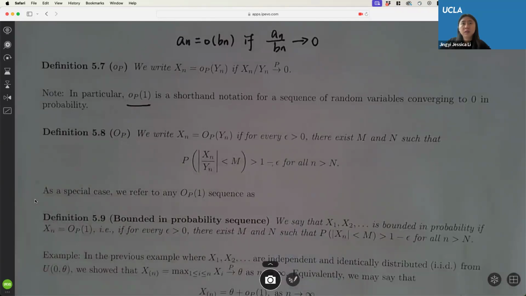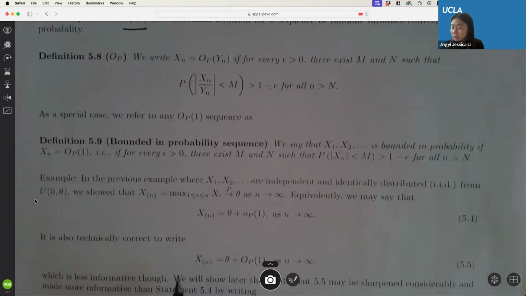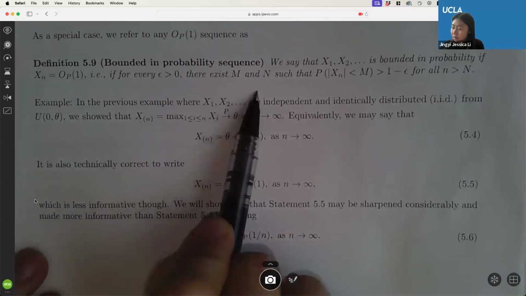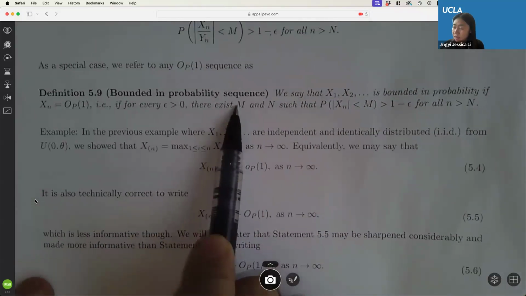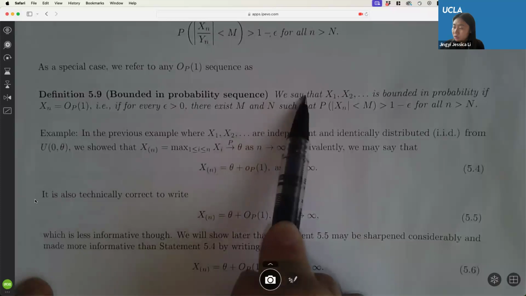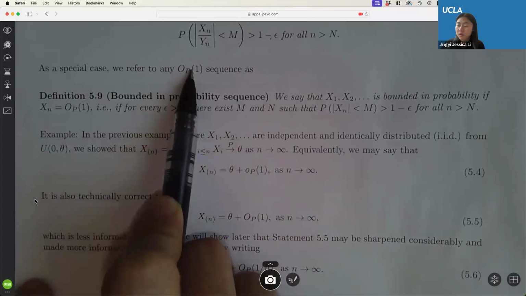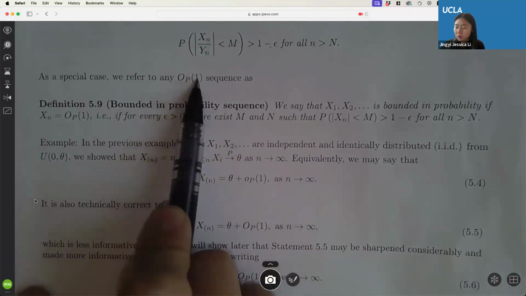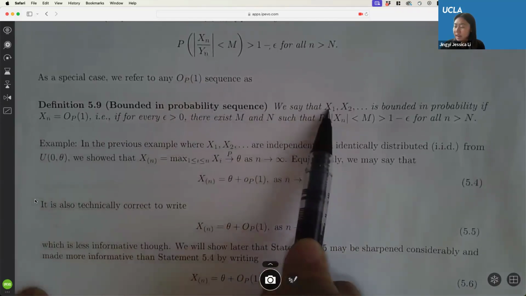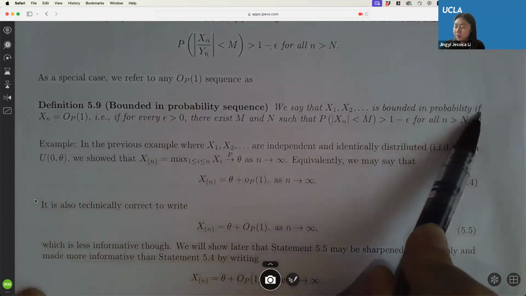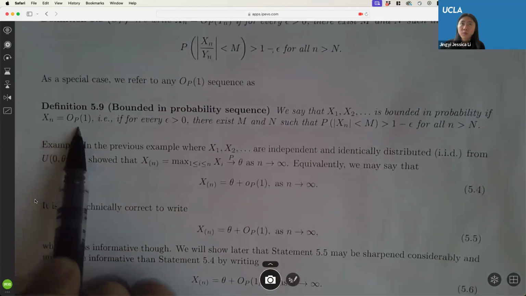Okay, so that's the big Op and small Op. And we can also look at this bounded in probability notion. It's a special case, big Op 1. We say that X1, X2, ... is bounded in probability if Xn is big Op 1.